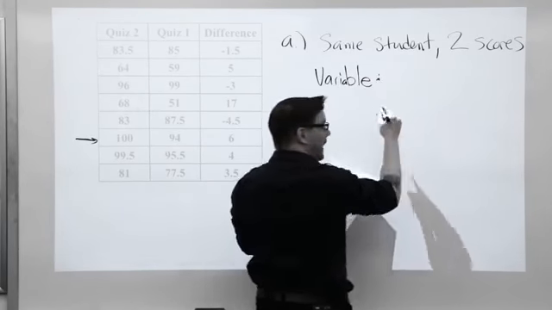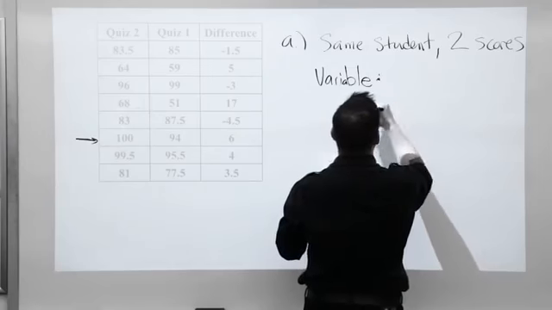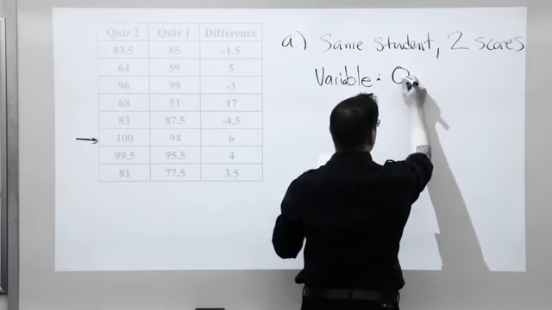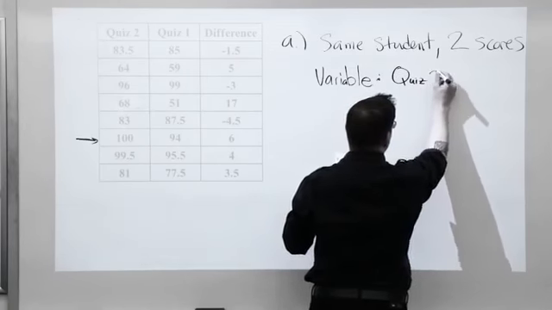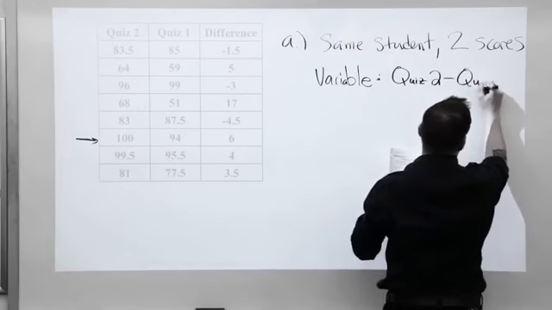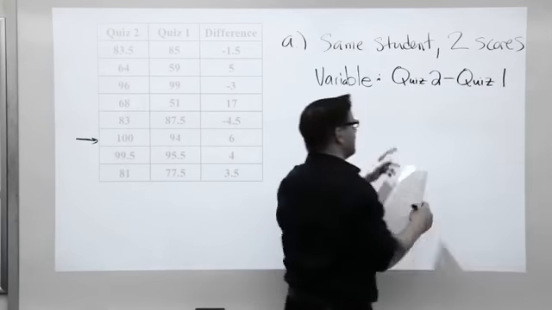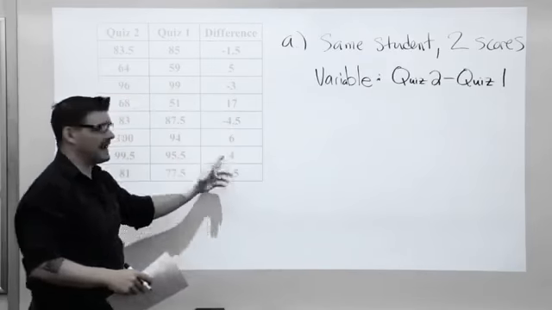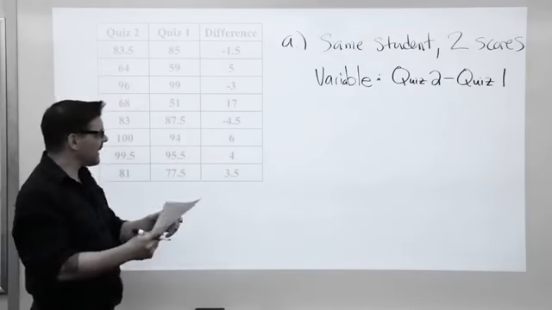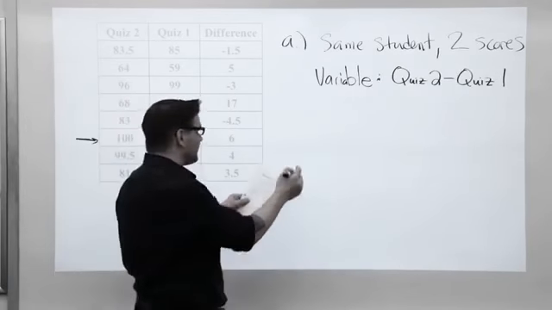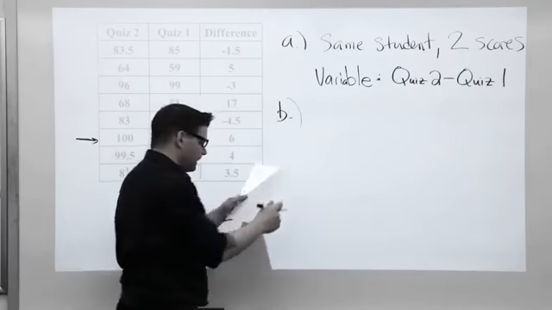The variable is quantitative, it's a test score, and the variable would be quiz 2 minus quiz 1. And that's that third column, that's the difference. Difference means subtract.